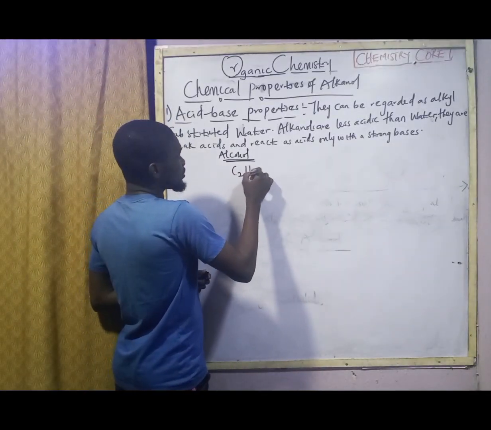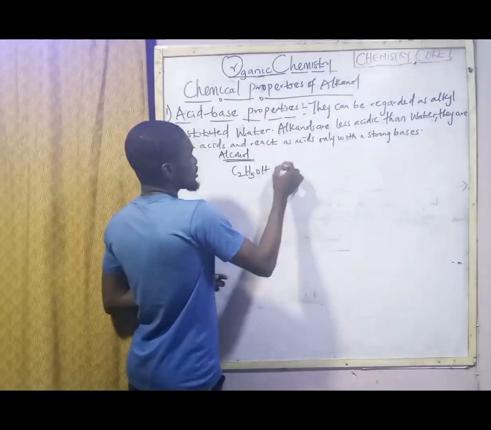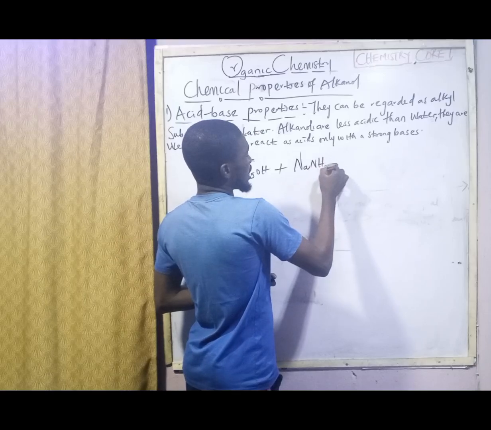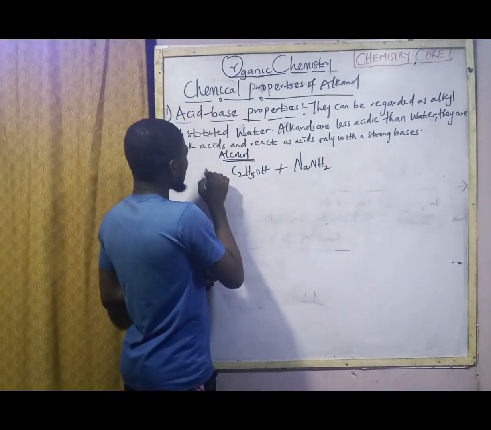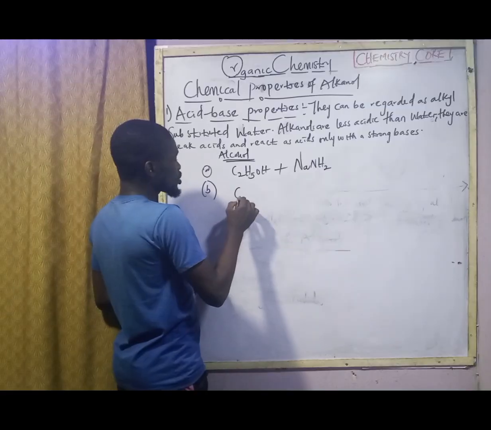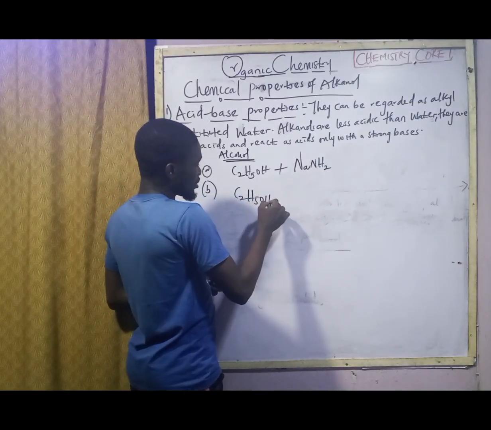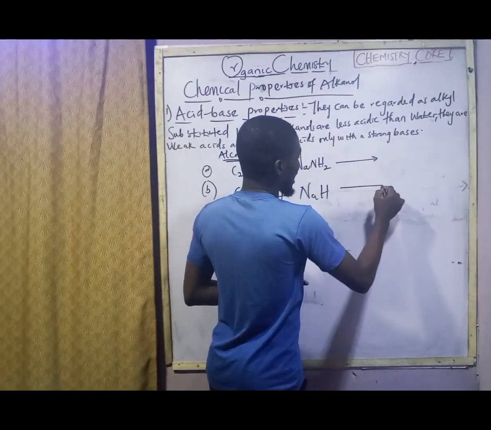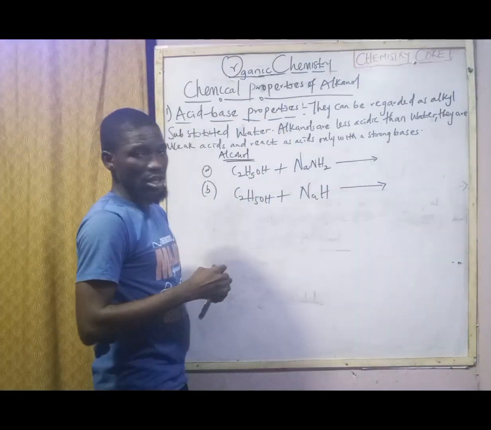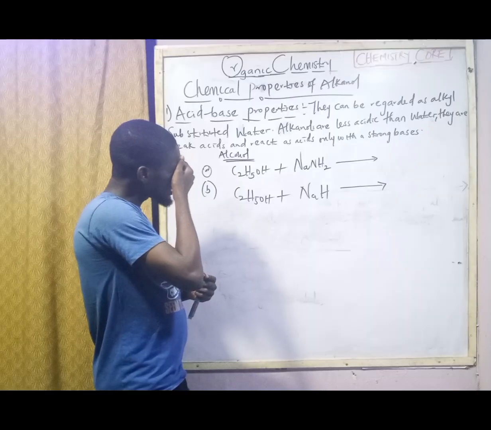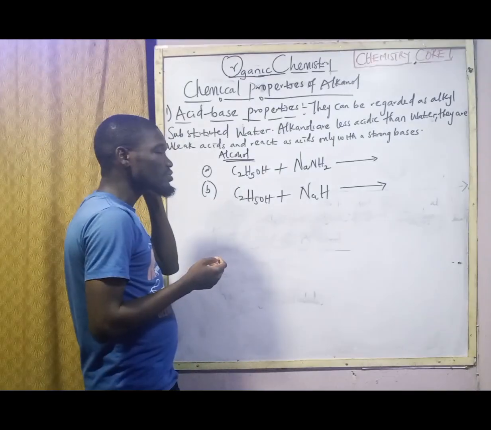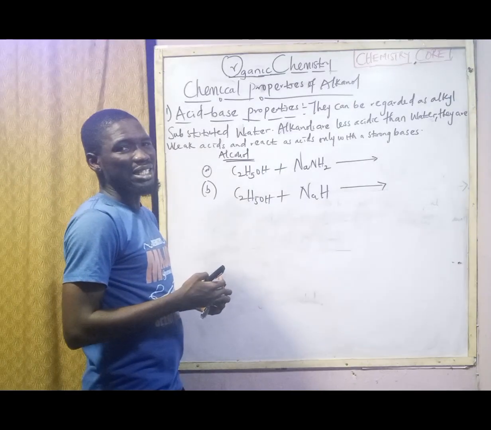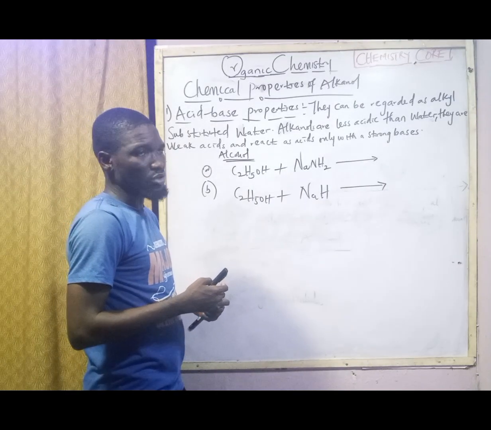Making use of ethanol, C2H5OH, plus sodamide, as well as, for the second one, ethanol plus sodium hydride. Let's see what we are going to have. Are you with me now? When alcohol reacts with a strong base, what are we going to have?